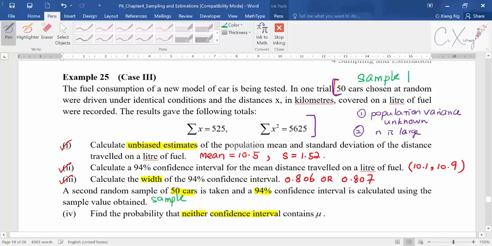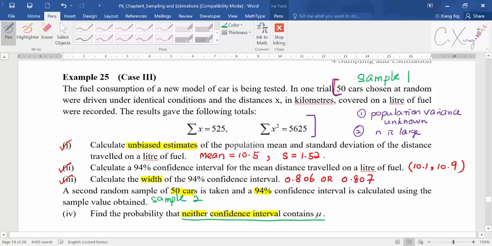So sample number 1, I use it to calculate a confidence interval. Sample number 2, I use it also to calculate another confidence interval. They are asking that neither confidence interval contain the mu. So for sample number 1, when you calculate the confidence interval, it is 94%, right?